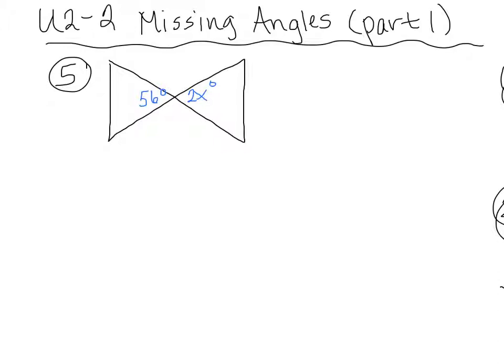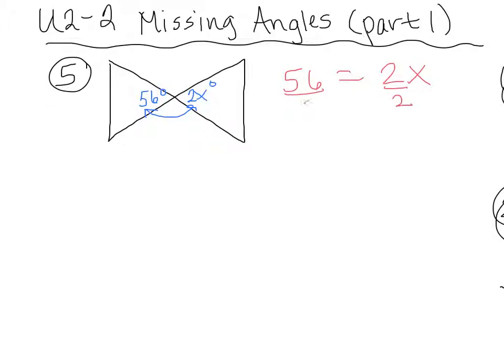We still have to think about what kind of angles we have here. Since they are straight across from each other, these are vertical angles, and we mentioned that vertical angles have the same measure, right? We set them equal to each other. So here, we're setting the 56 degrees equal to 2x degrees, and now we just have to solve for x.